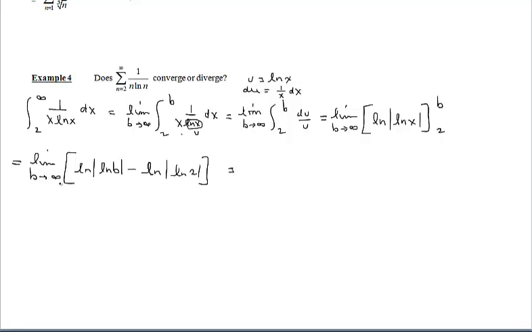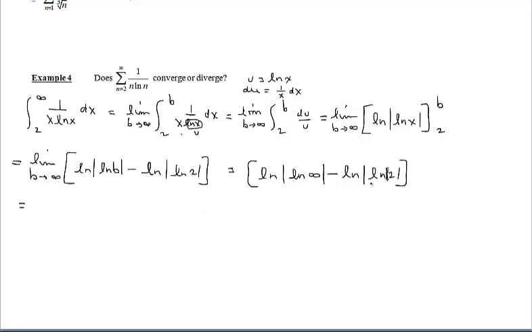Now we can insert infinity for B and drop the limit. Then just doing the evaluations here, I don't think I need an absolute value here.